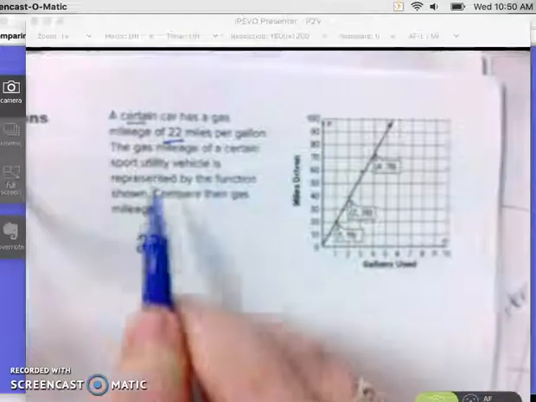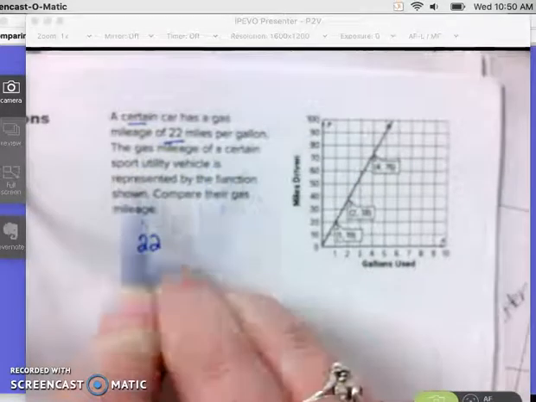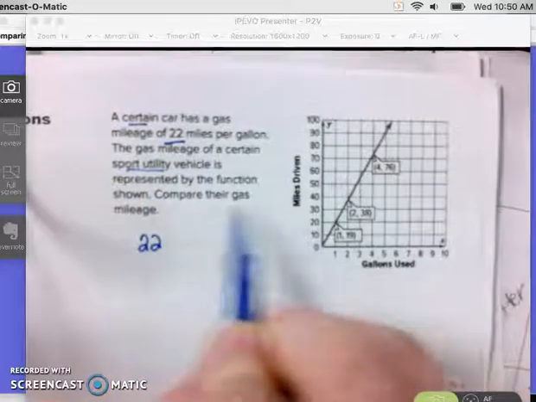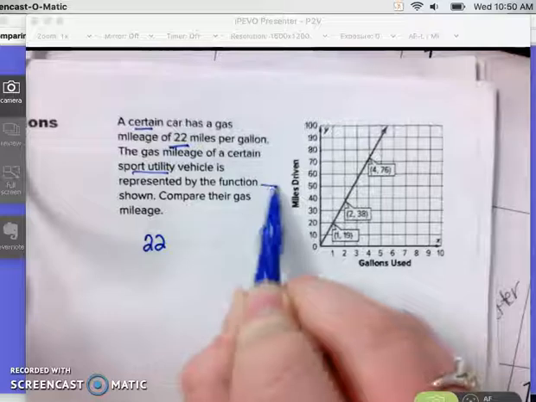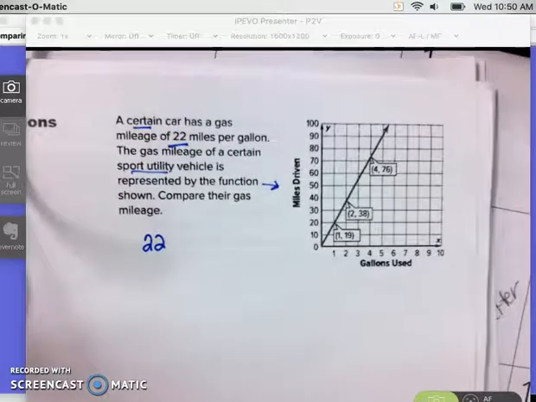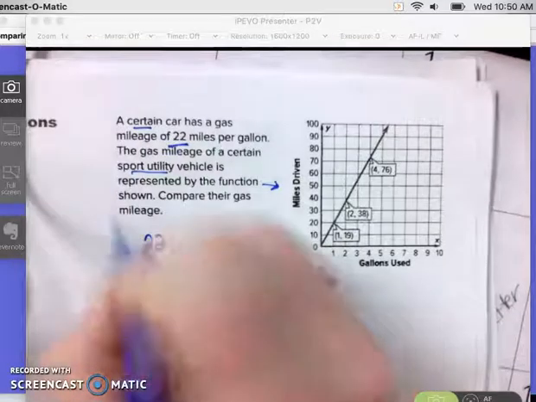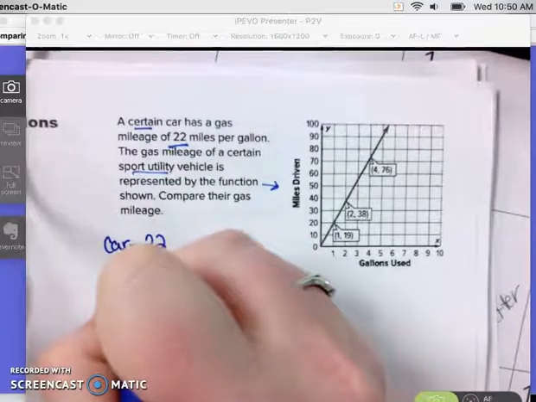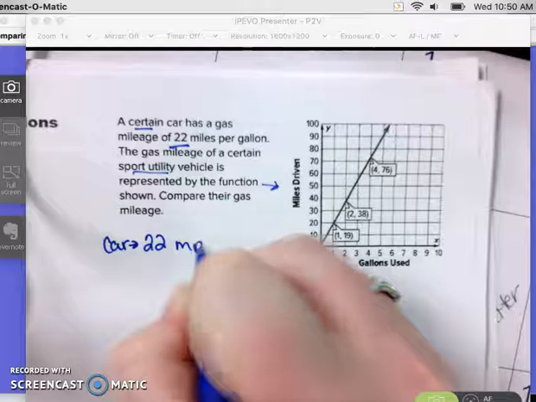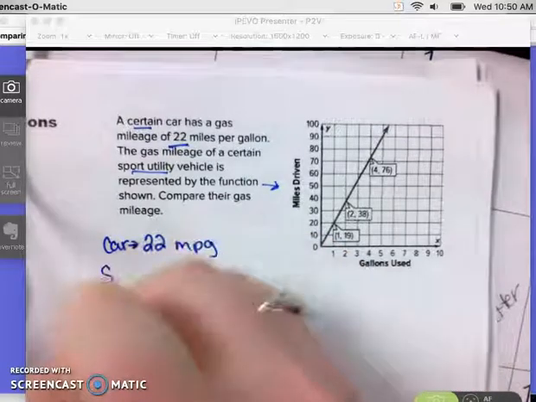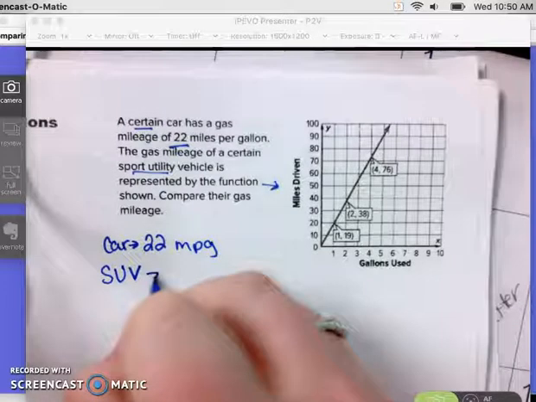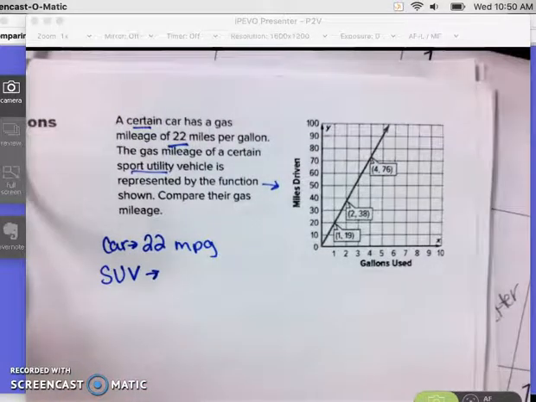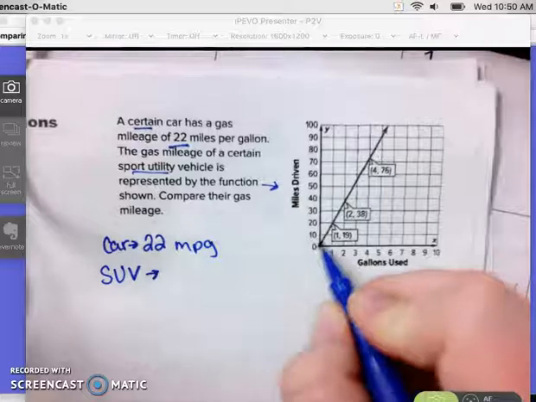And then it also says a gas mileage of a certain sport utility vehicle is represented by the function shown. So over here, compare their gas mileages. So the car has 22 miles per gallon, and the sport utility vehicle, or SUV, if you notice, it goes through the origin at 0, 0.